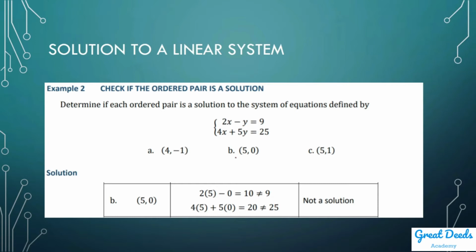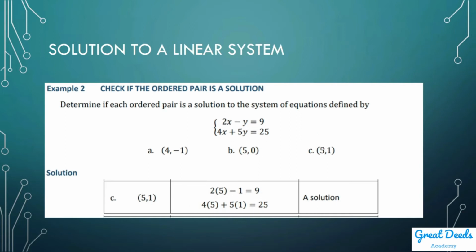How about the pair (5, 0)? Is this a solution? 2 times 5 minus 0 is 10. That is not equal to 9, so right away you know this cannot be a solution. How about (5, 1)?